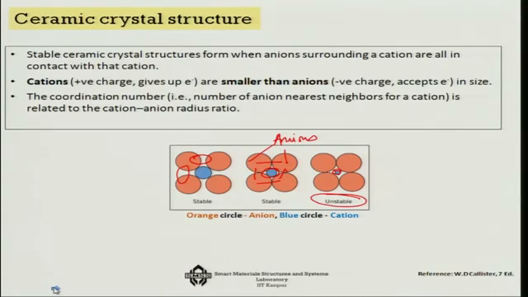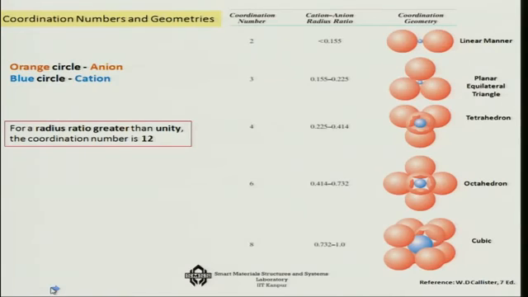So let us look at it with much more variations. For example, from the coordination number point of view, if there is a linear structure, then we get a coordination number of 2, of anion cation. If it is a planar equilateral triangle, you get a slightly higher coordination number, a better packing. If it is a tetrahedron, you can see that all 4 of them and the cation is sitting inside, you get an even better coordination number.